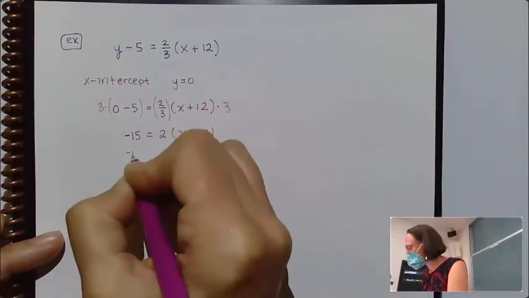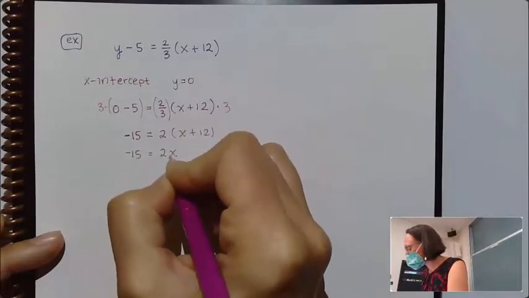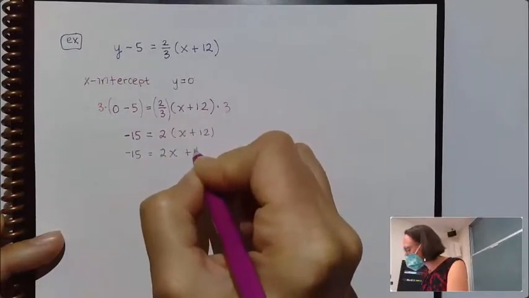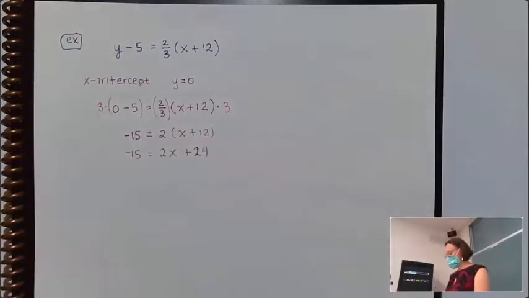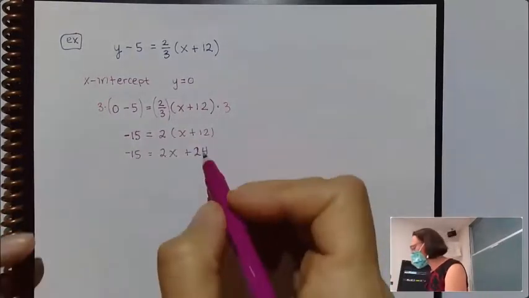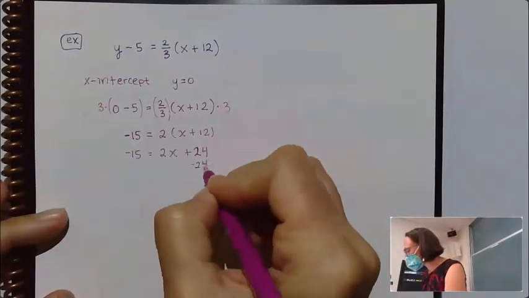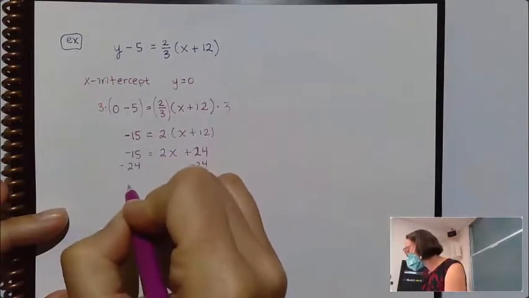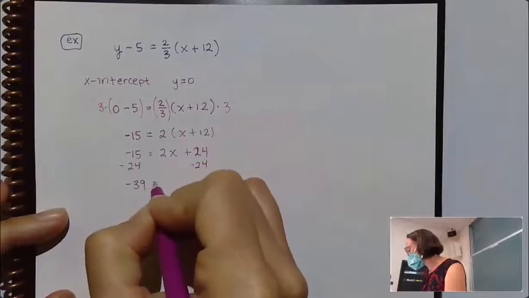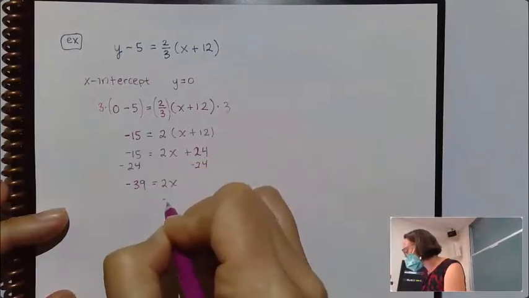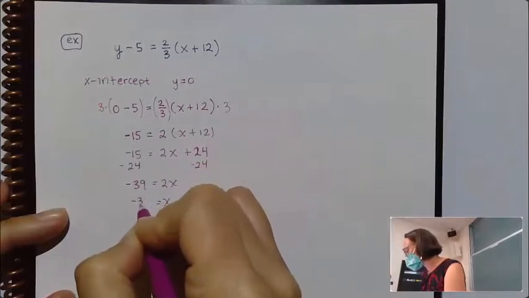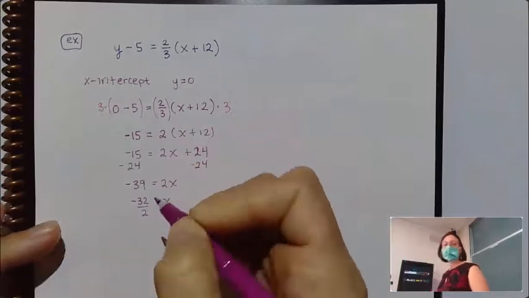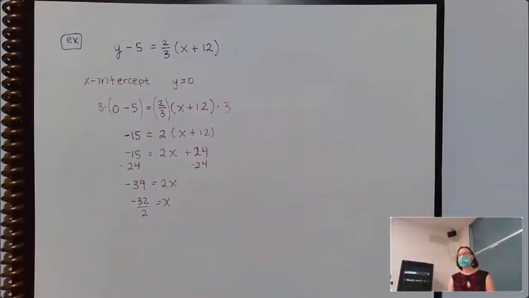And then distribute that out. That's 24. So if I subtract 24 from both sides, I'm going to get -39 is equal to 2x, or x is equal to -39 over 2. It's gross, but that's okay.